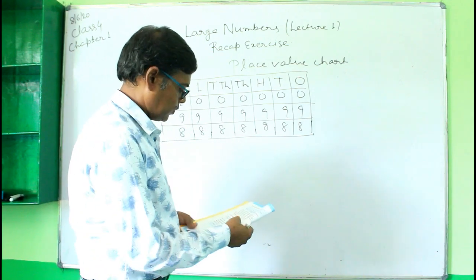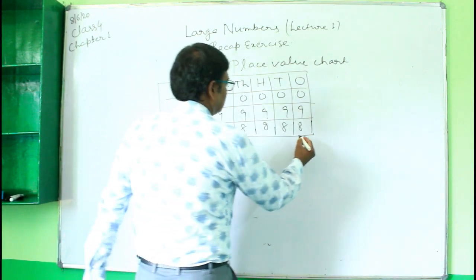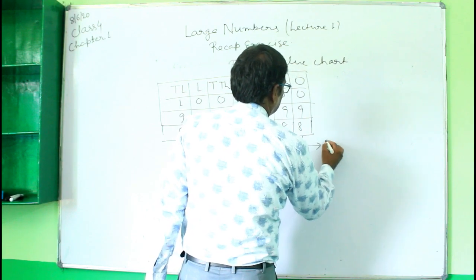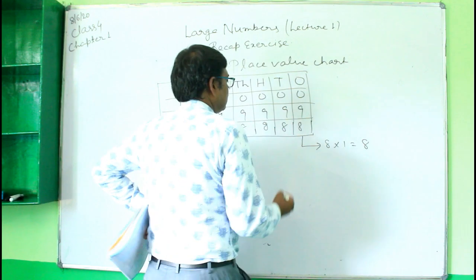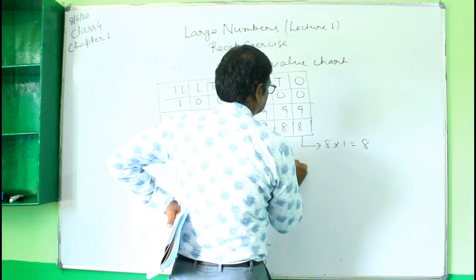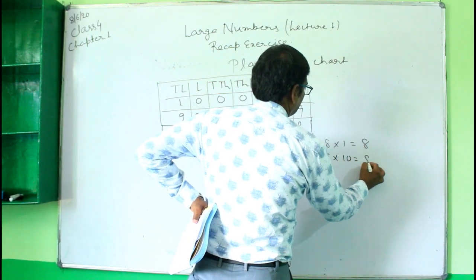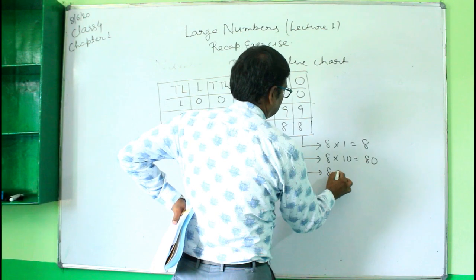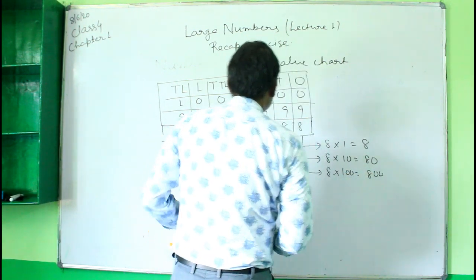Now what is the place value and the face value? The place value of this 8 is 8 into 1 equal to 8, because this is at the ones place. For this the place value will be 8 into 10 equal to 80. For this number the place value will be 8 into 100 equal to 800.